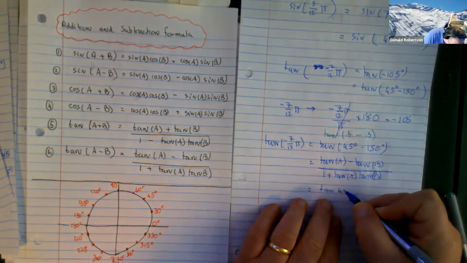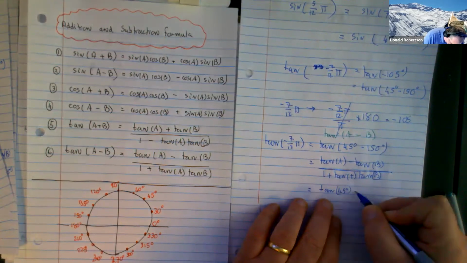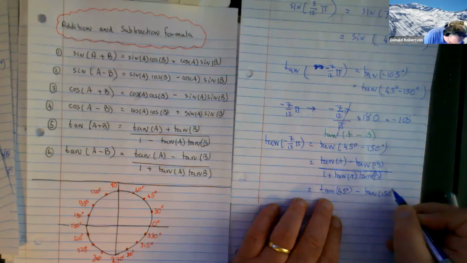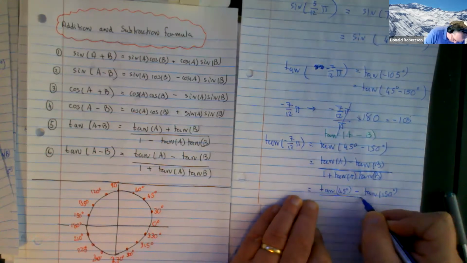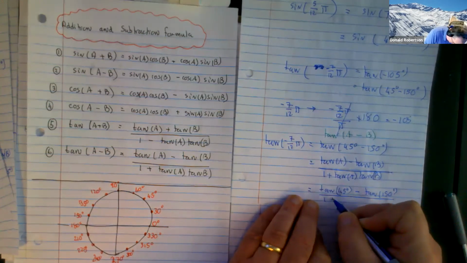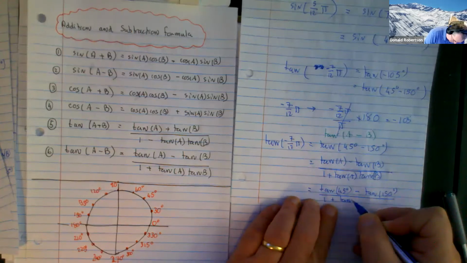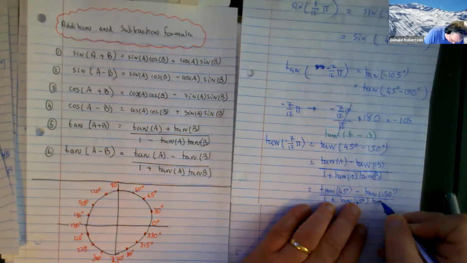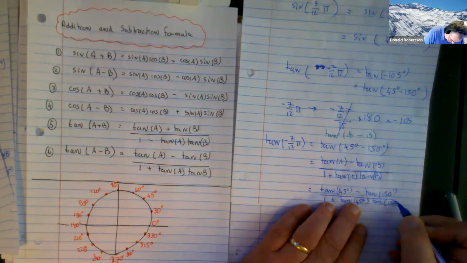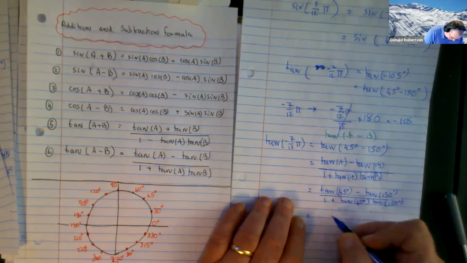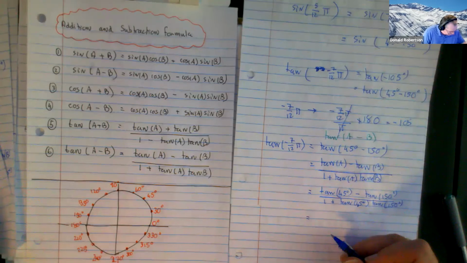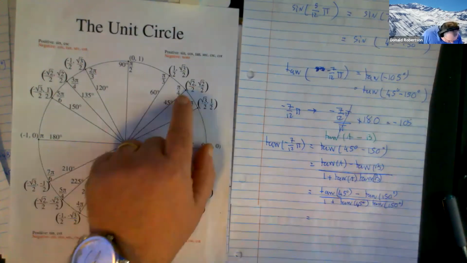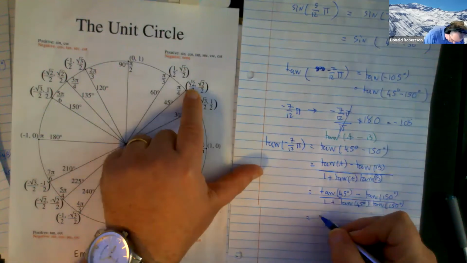So tan of 45 degrees, take away tan of 150, over 1 add tan of 45 degrees times tan of 150. Okay, tan of 45, I'll need my unit circle, but I know that's 1. Here we go, Y over X, that's 1.